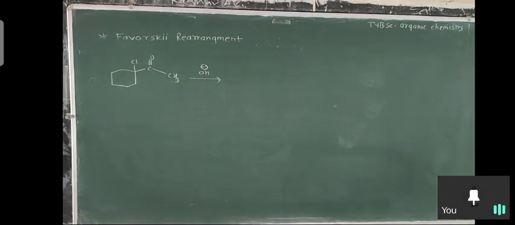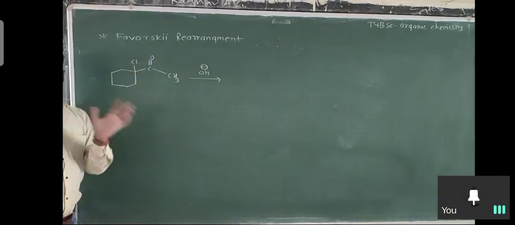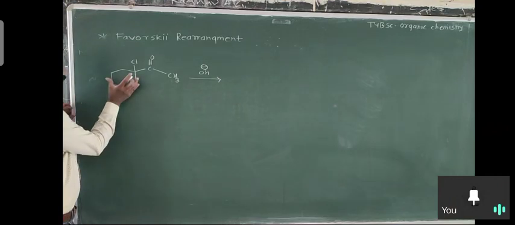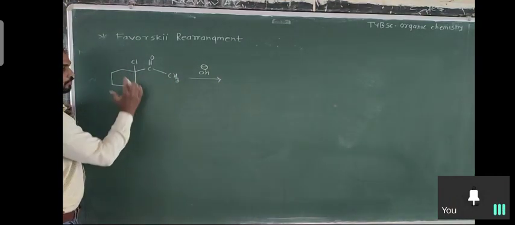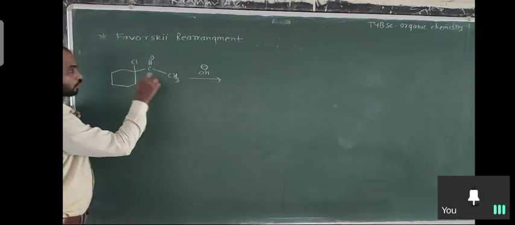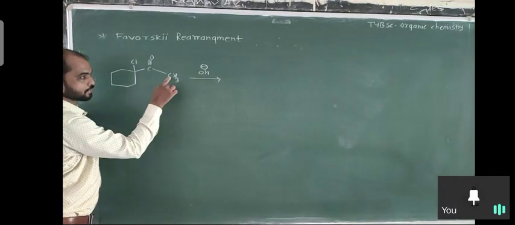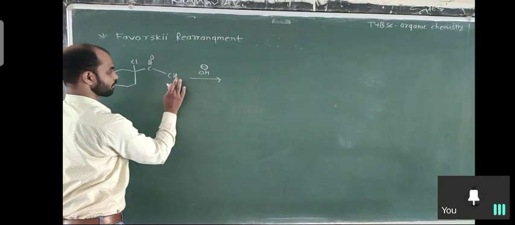Okay, another example, it is a different example. So here it is not a cyclic ketone, it is an unsymmetrical ketone, cyclohexyl ring and CH3, both are different. So this alpha position has the Cl. So this alpha position having the Cl, that means the base abstracts the proton from the other alpha position. So what is the first step?